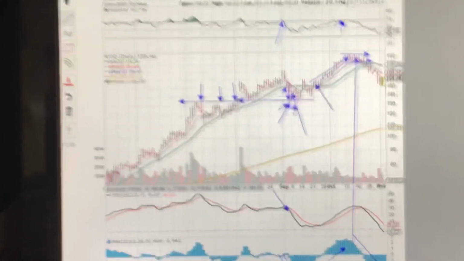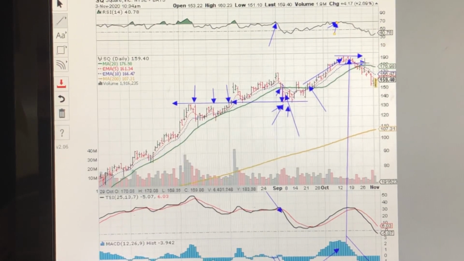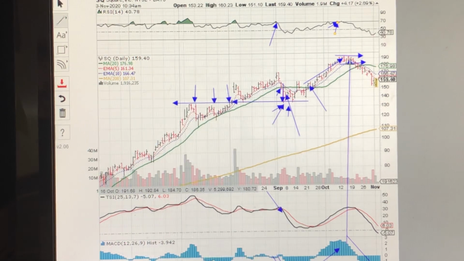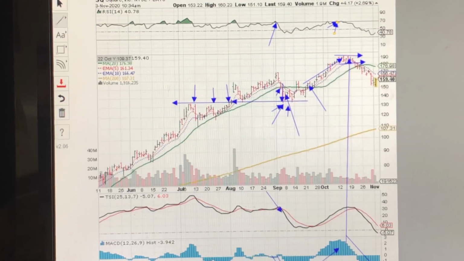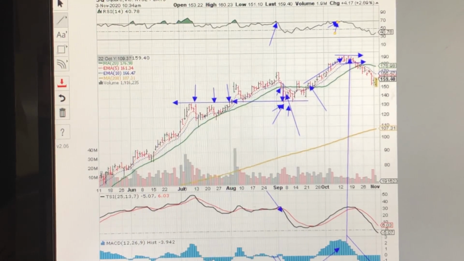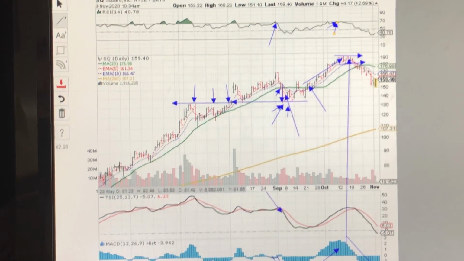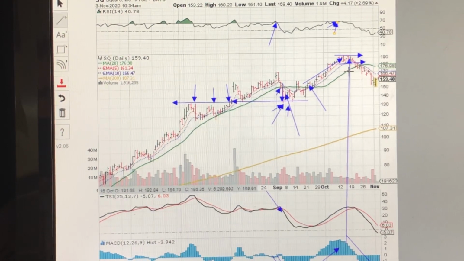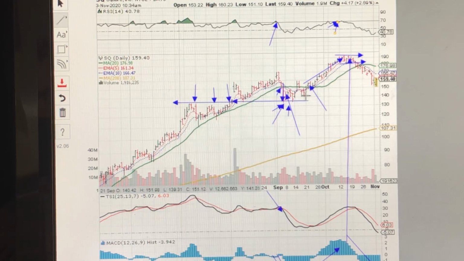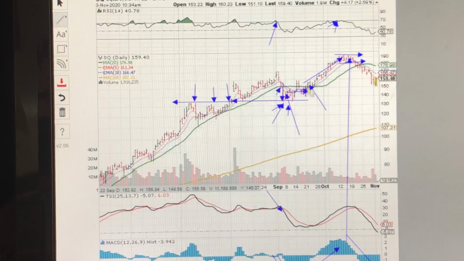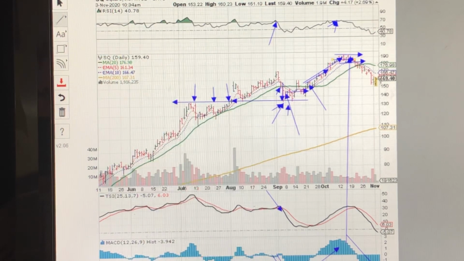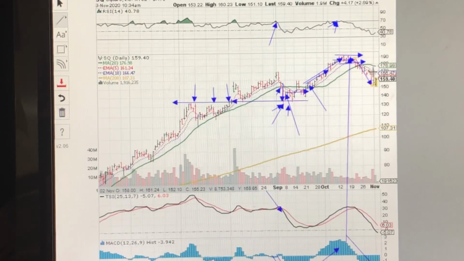That's what it's doing. As you begin to learn these, does that mean you get all the way out? No. Why? You might catch a Square like this. It may run for 5 months. So all it's saying is on this recent trade, lock in some gains so that if it does go stage 1, stage 2, stage 3, stage 4 on the downside, you're not riding that much down.